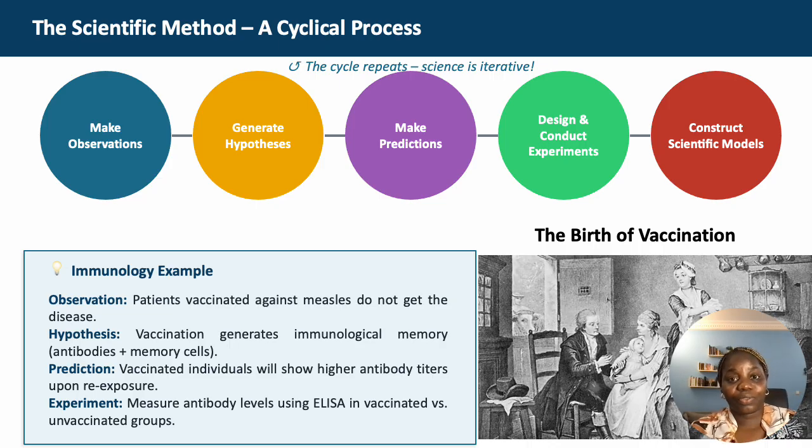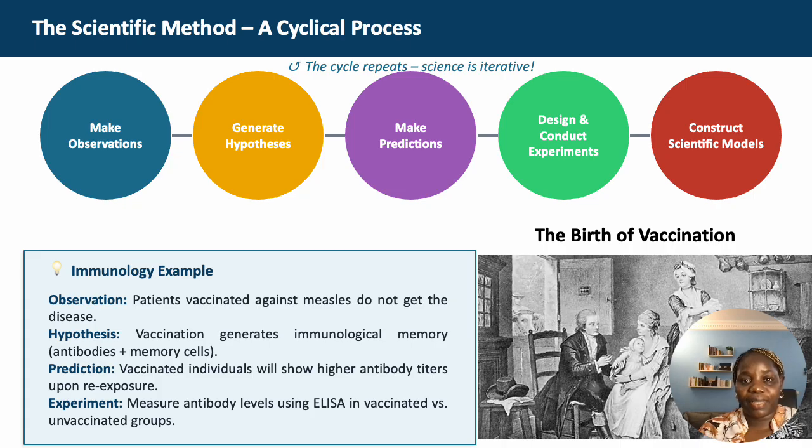Cowpox caused a local pustular lesion on their hand and a brief fever, and then they fully recovered. It was unpleasant, but benign compared to smallpox clinical features. After suffering cowpox, these women appeared immune to smallpox. They were immunized because they had never been infected by smallpox.